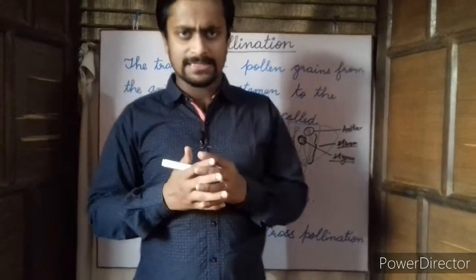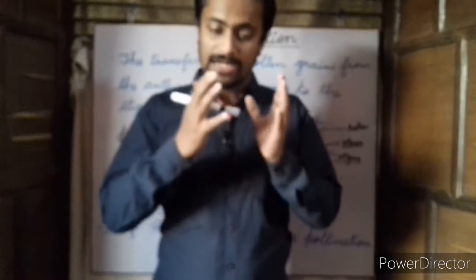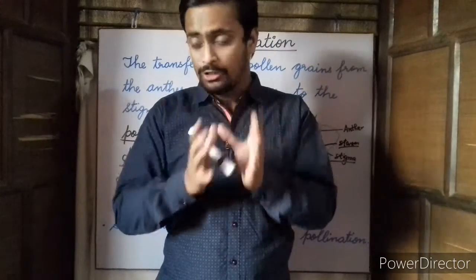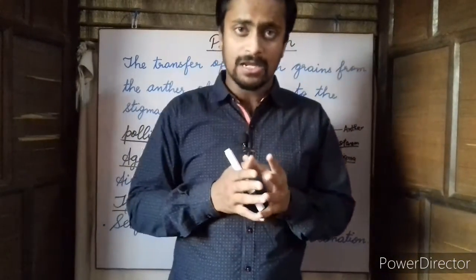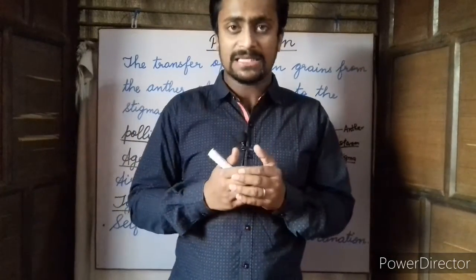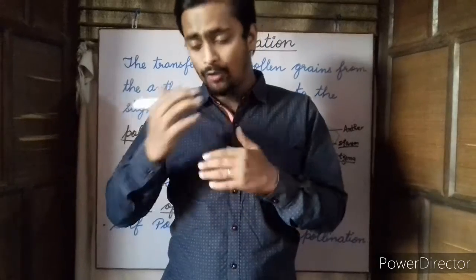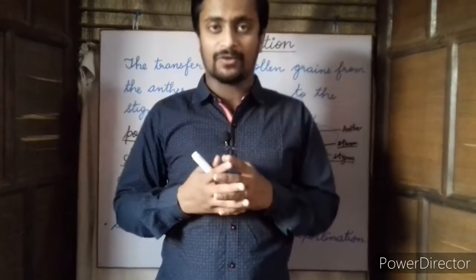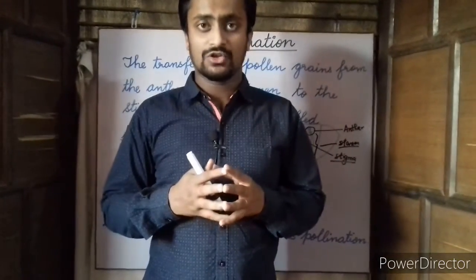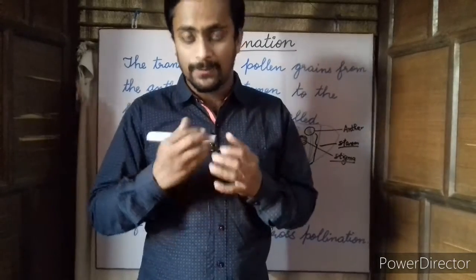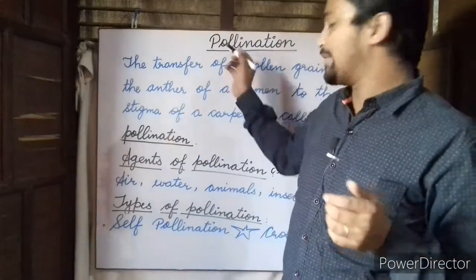Now the question arises, since plants are immotile, which means they cannot move from one place to another, how are these male gametes transferred to the female gamete, or how do these male gametes come in contact with the female gametes? So this occurs by a process called pollination.